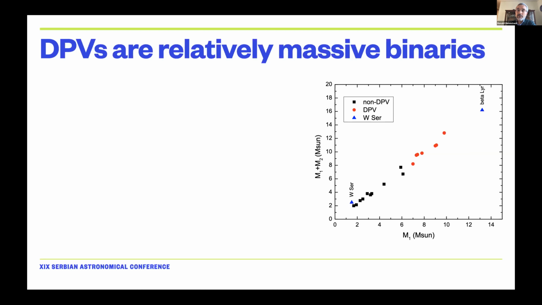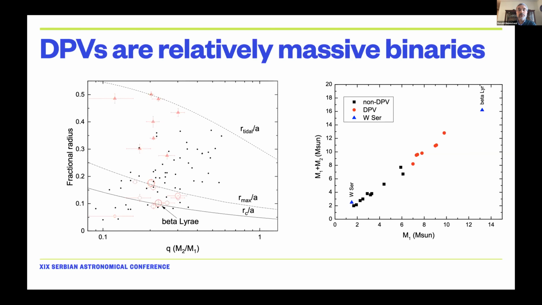We show here some of them in red compared with normal Algols. The red points in the total mass versus gainer mass diagram occupy a region with a total mass of about 9 solar masses and a gainer mass of about 7 solar masses. They are relatively massive binaries.